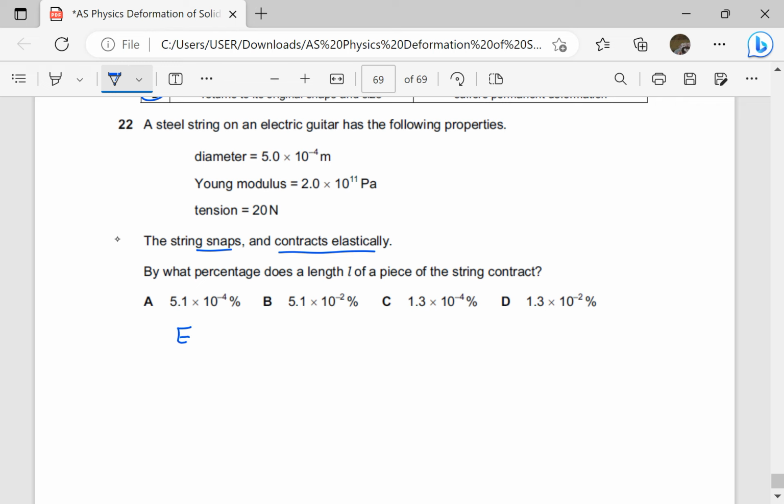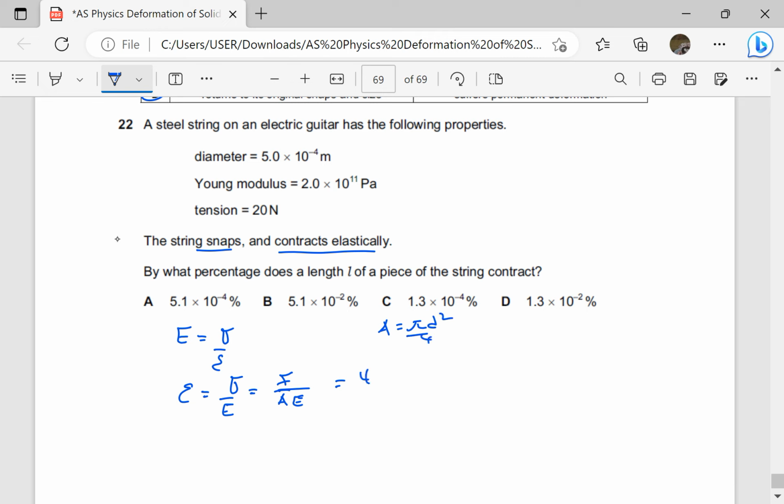So Young modulus is equal to stress divided by strain. So the strain is going to be equal to the stress over Young modulus. So this will be equal to force over area times the Young modulus, where area is pi d squared over 4.